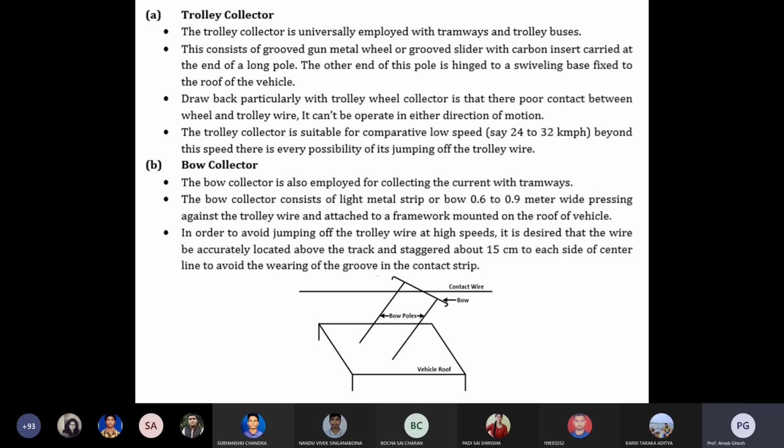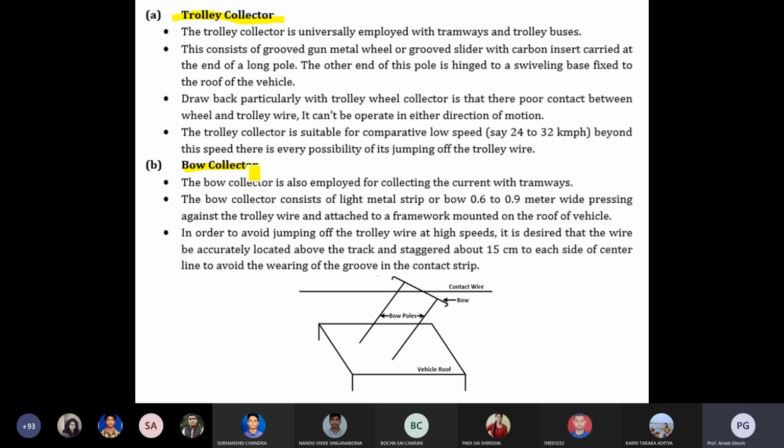Then there are some comparisons and differences. One is the trolley collector, another is the bow collector. Trolley collector: if you see the tram line, they are using a wheel-shaped thing. There is a long bar, and at the top of the bar a small wheel, a pulley system.